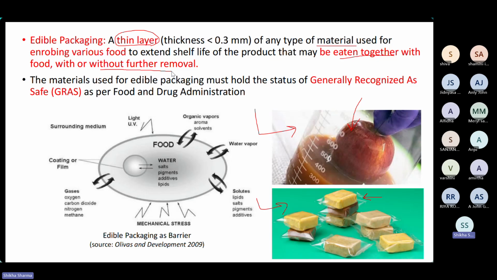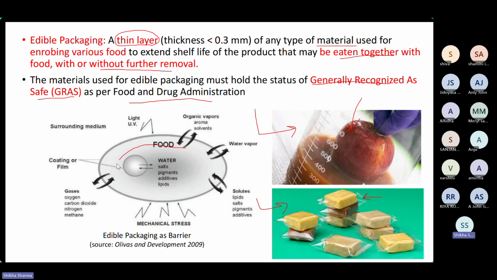The word edible itself says that the packaging is made from material which humans can eat. So it should be made from materials in the category of generally recognized as safe, GRAS category as per FDA.